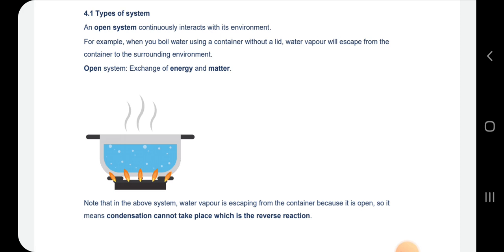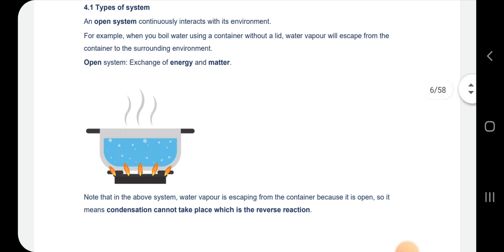Exothermic reaction, forward reaction, open system. I hope I'm just summarizing that. Whenever you see an exchange of energy and matter, that is an exothermic reaction, but you first have to look at the change in enthalpy, if it's less than 0, right? So in an open system, we have a forward reaction.